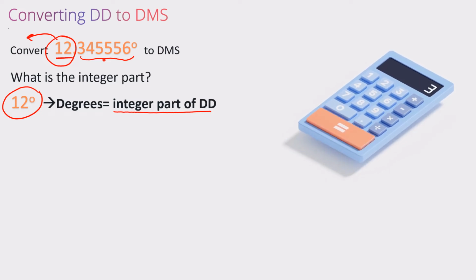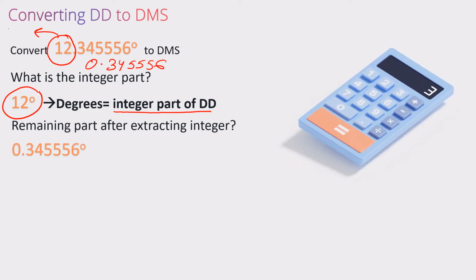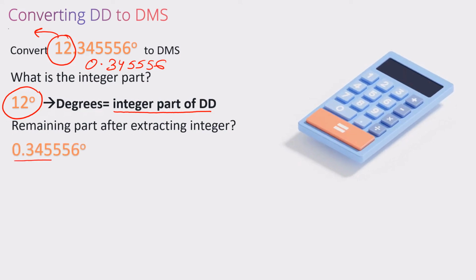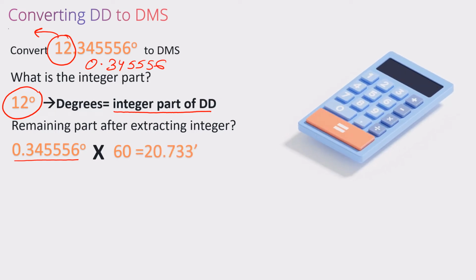So what is the remaining part? Here you already extracted 12, so the remaining part is 0.345556. The remaining part after extracting the integer is this number. The next step is to multiply this number by 60. If you multiply this by 60, you get 20.733.